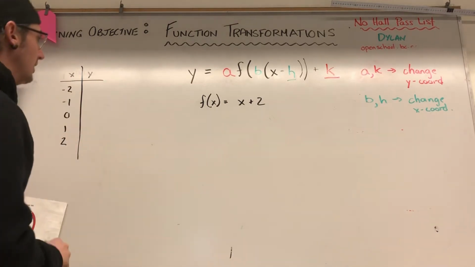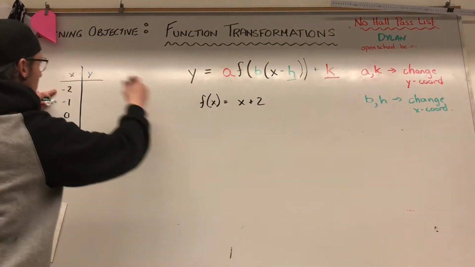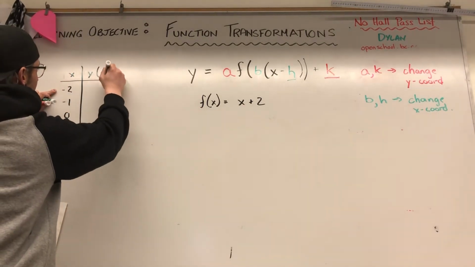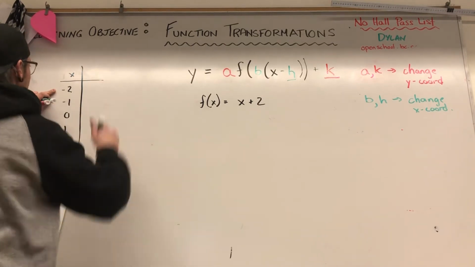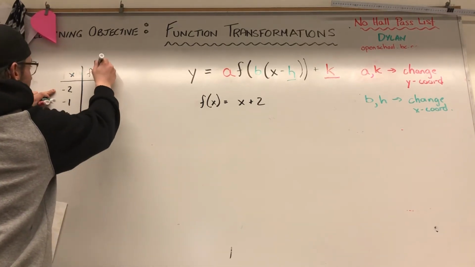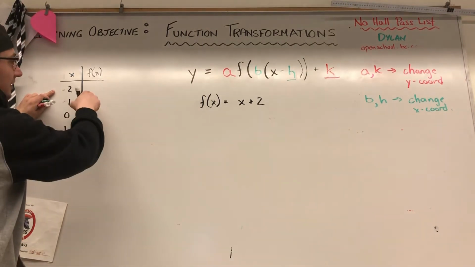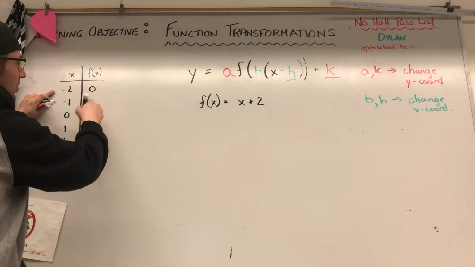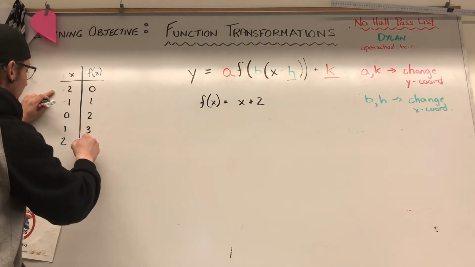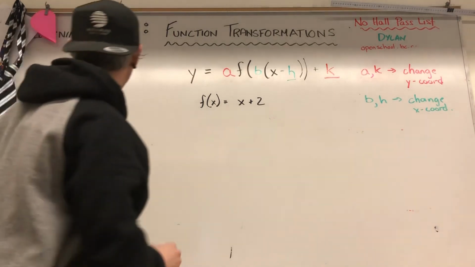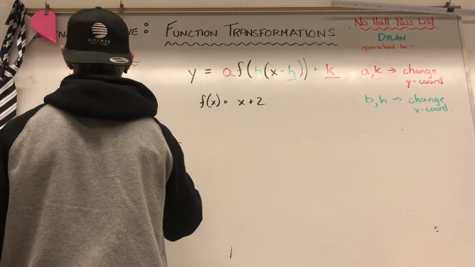So, -2 plus 2 is going to spit out my y, which is also my f of x. I should actually not confuse you. I should call this f of x. F of x and y are the same thing, essentially, sometimes. So, negative 2 plus 2, there. Negative 1 plus 2 is 1, 0 plus 2 is 2, 1 plus 2 is 3, 2 plus 2 is 4.